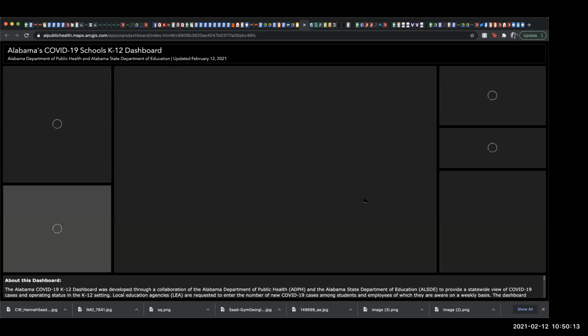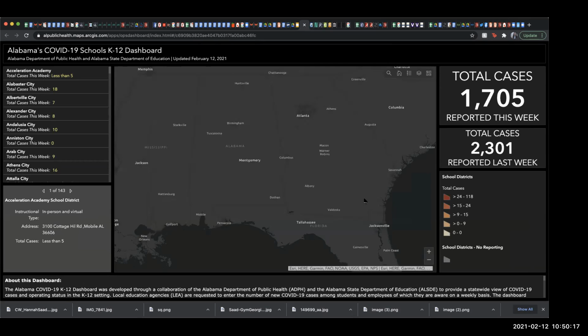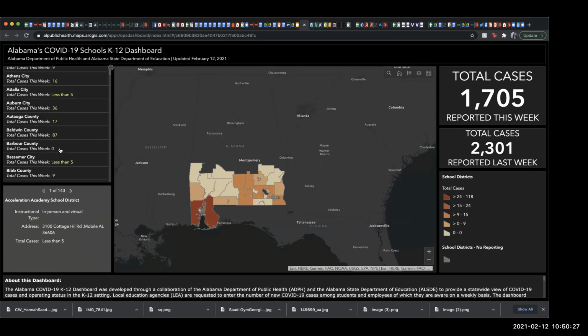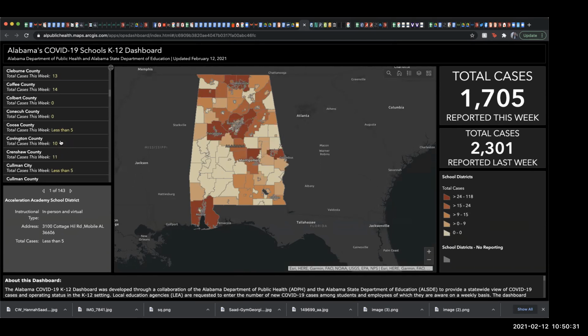If you are really serious about tracking the coronavirus and how it's changed, how many cases have affected your school on a larger level, what you're going to want to do is every day or every week, however many times this dashboard updates, you need to record how many cases they're reporting.